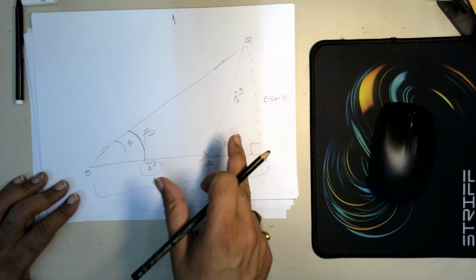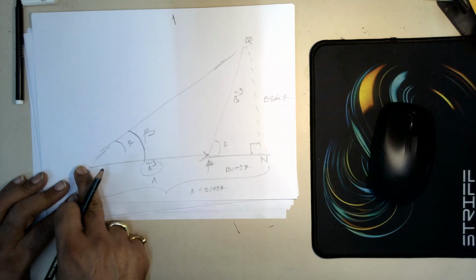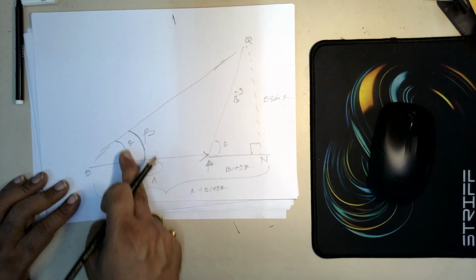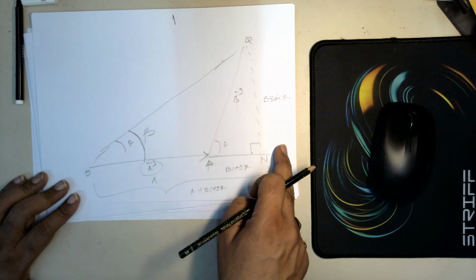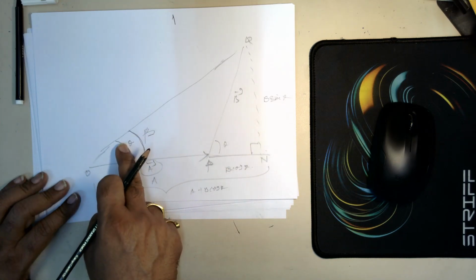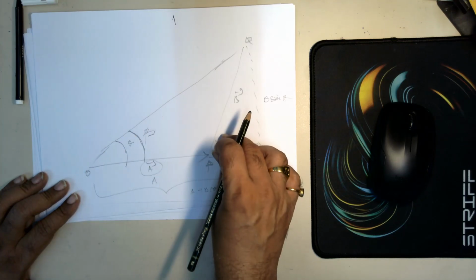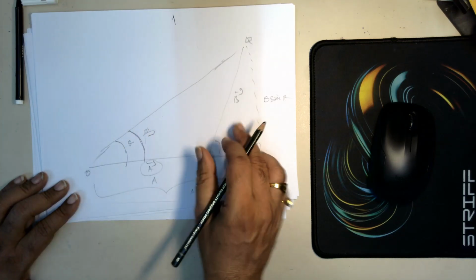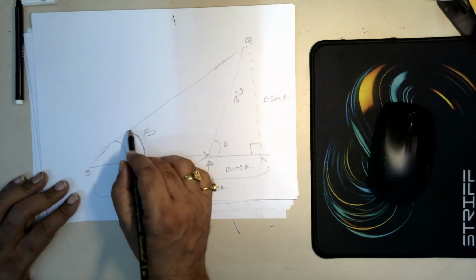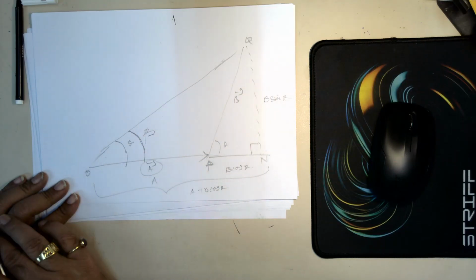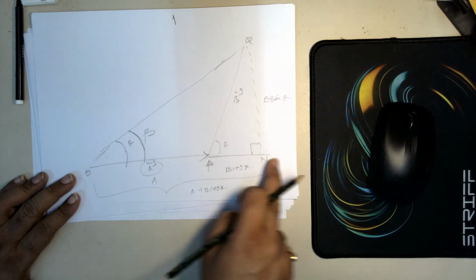Now you will be given values, like one bus is starting towards this direction and another bus at another direction. The angle between the two is beta, they will give, or the angle between the two vectors is theta, they will give. We have fixed this as theta because on parallel lines you get the same theta here. And beta is the angle subtended by the resultant vector to the initial vector.